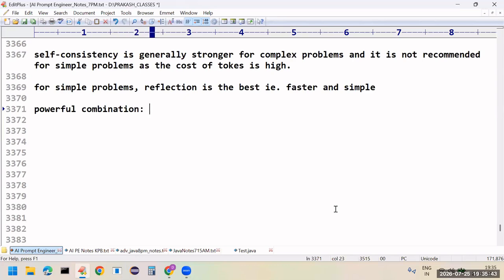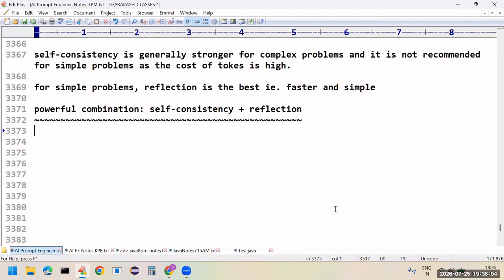Powerful combination means I will include self-consistency first. Self-consistency means I will ask ChatGPT to generate minimum 3 to 4 answers. I can also apply reflection on that, because if ChatGPT is generating one final solution, I can ask, can you please check one more time? Is it a good answer or not? If any improvements are required, can you please cross-check? Like that also we can ask, right?